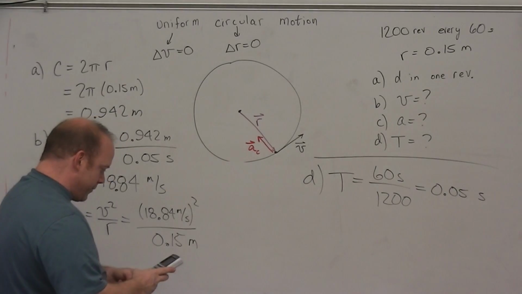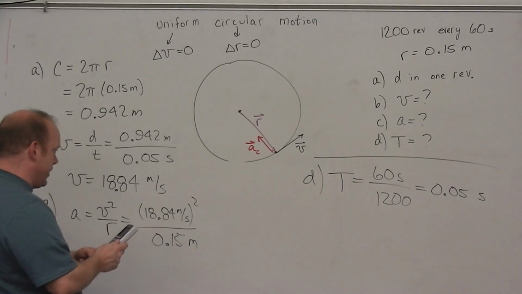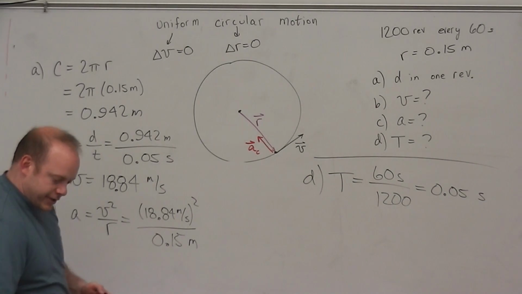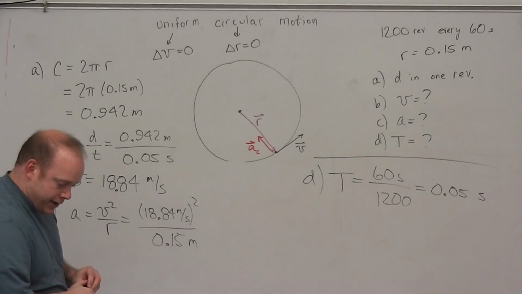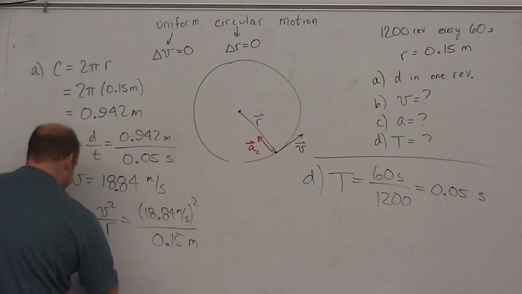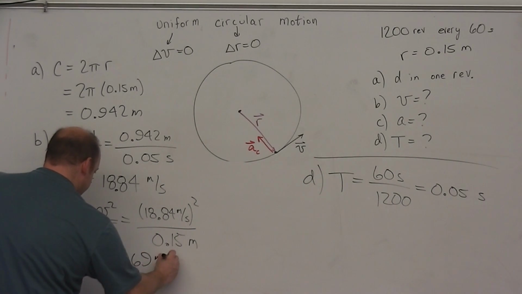Multiply that by 20: 18.8. That's right, 18.85 if you eliminate rounding. I'm going to square it, divide by 0.15, and I get an acceleration of, really big, 2369. So my acceleration is equal to 2369 meters per second squared.